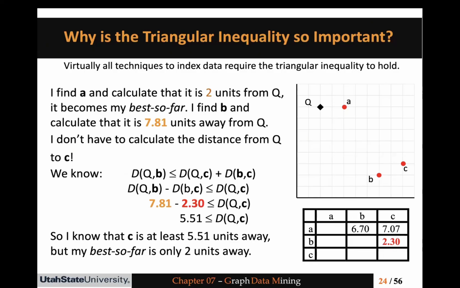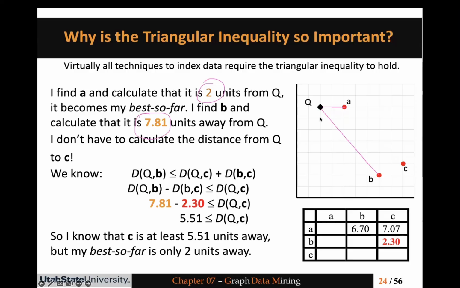I can start by finding the distance between my query point and the first time series, which is A, and I found that Q and A are only 2 units apart from each other. Now I can also find the distance between Q and B, and I found that they're about 7.8 units from each other. So 2 units from A and 7.8 units from B.